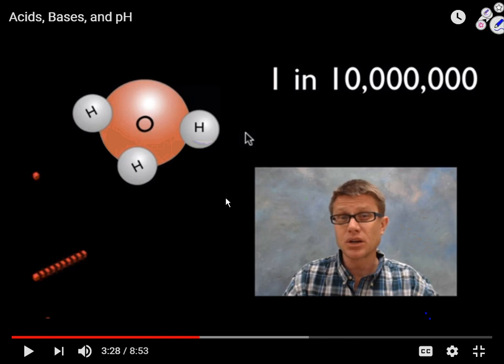So OH negative times hydronium equals 1.00 times 10 to the negative 14, right? Okay, how does this fit together? Where does this come into play? So the value for both of these ions, right? So if I plug 1 times 10 to the negative 7th in for each of those ions, what do I get?